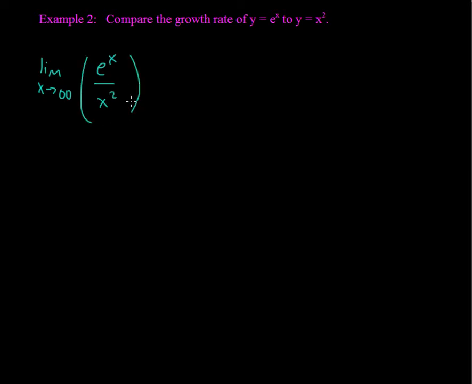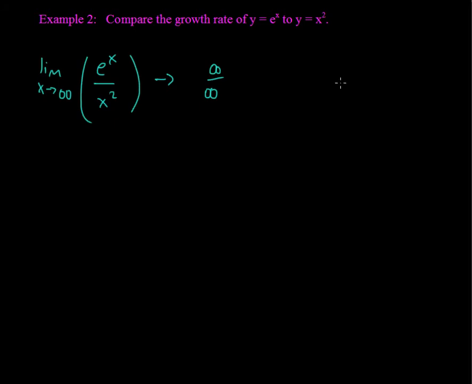Now, it should be really easy to understand because this is an exponential function and this is just a quadratic, and of course exponential functions always grow at a faster rate eventually than a quadratic or other types of functions. But anyway, if we take this limit, we're going to find that, first of all, this is infinity over infinity.